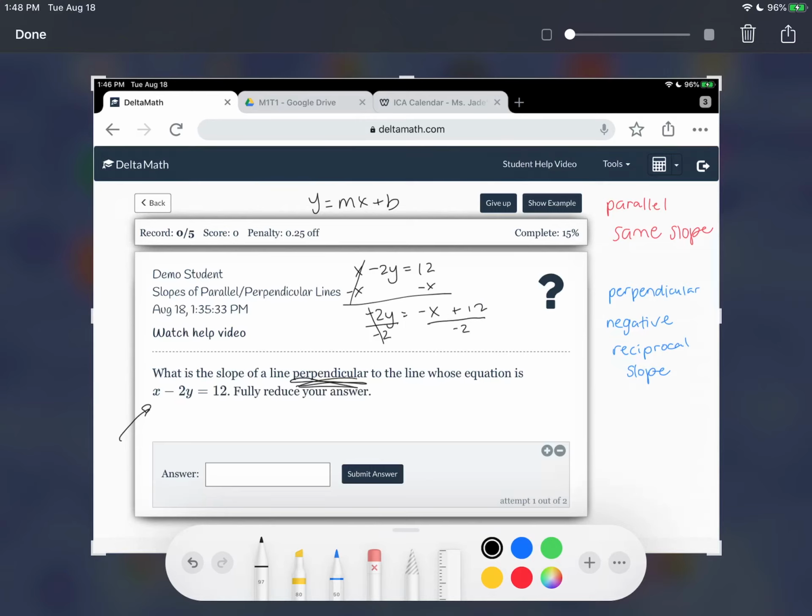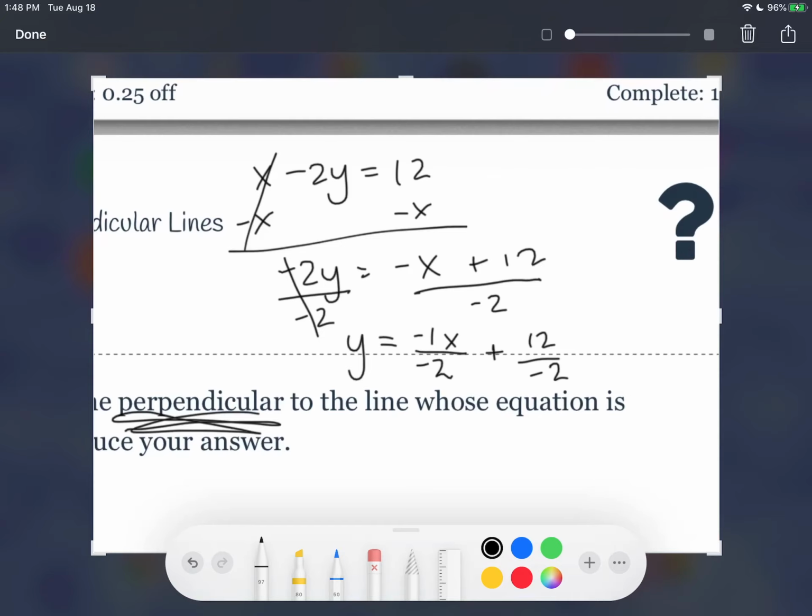Then that way this can cancel out. We get y by itself is equal to negative 1x over negative 2. We'll simplify it later. And then plus 12 over negative 2. I'm going to zoom in a little bit. Let's simplify this fraction. Negative 1 over negative 2, that's the same thing as 1/2.